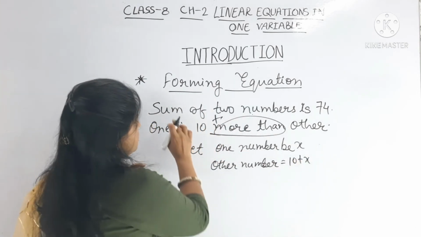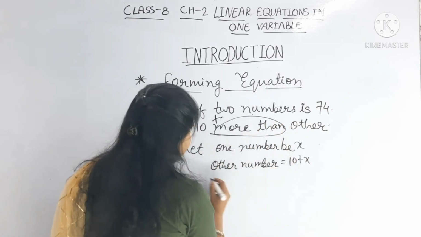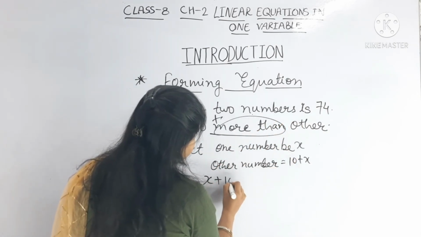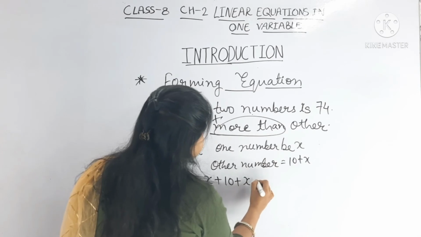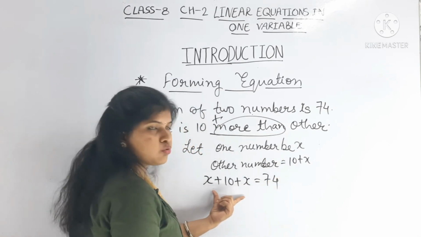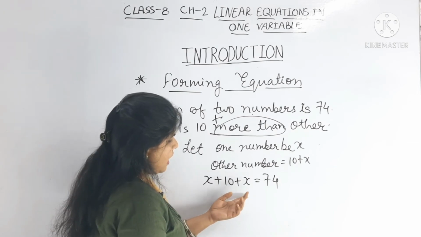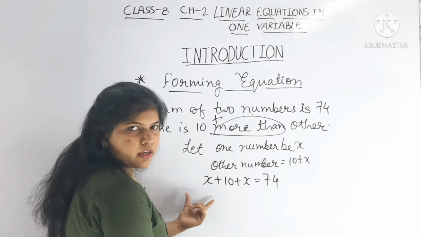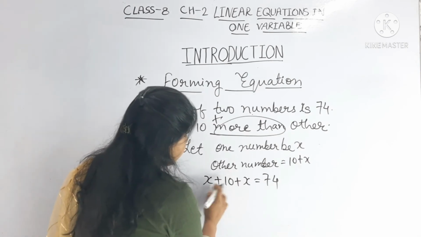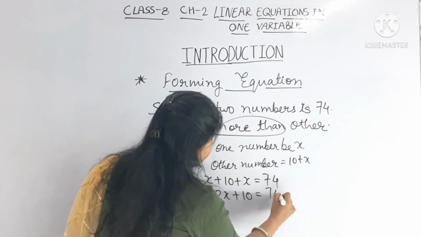Sum of two numbers is 74, so we have to add these according to the question: x plus 10 plus x equal to 74. The variable terms will be on one side, that is x plus x will be 2x plus 10 equal to 74.